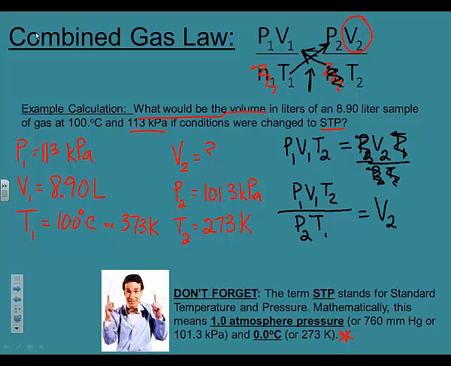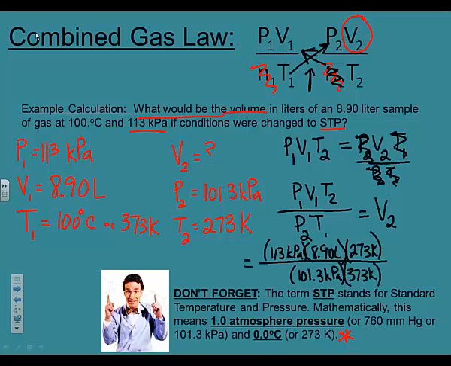So now I can just plug the values in. I'd be given 113 kilopascals times 8.9 liters times 273 Kelvin. And I'm going to divide that by 101.3 kilopascals and 373. So if I multiply everything on the top and divide by everything that's on the bottom, the value that I come up with is 7.27 liters.